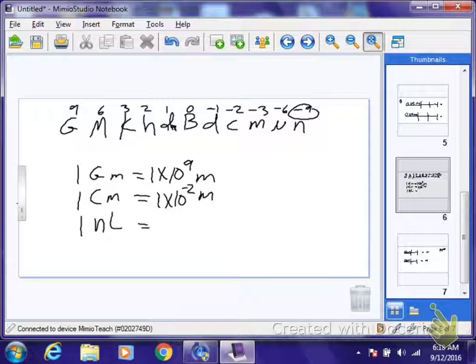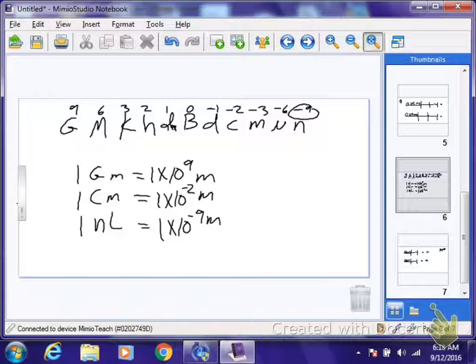So then all we do is we put 1 times 10 to the -9th. If you notice up above, all these exponents we're using are exactly like in the book and exactly like above. 1 nanoliter is equal to 1 times 10 to the -9th liter. If you can keep that in mind, you're never going to mix these up.